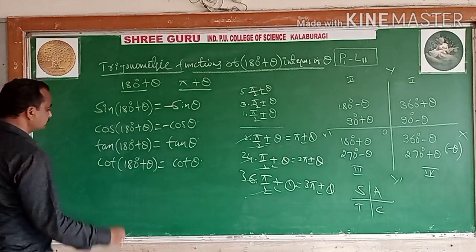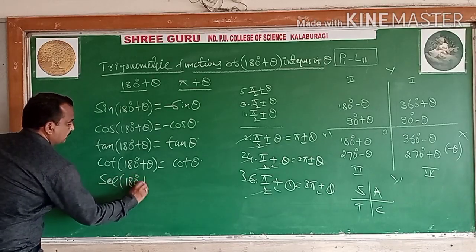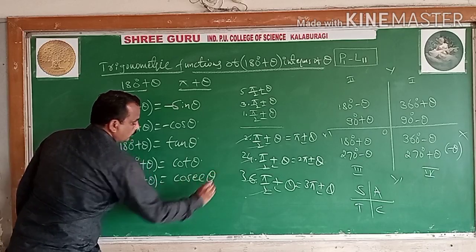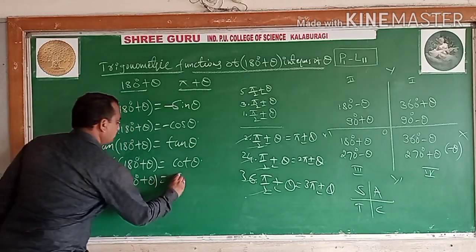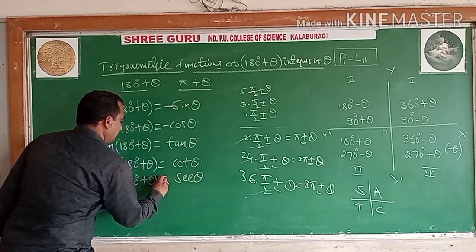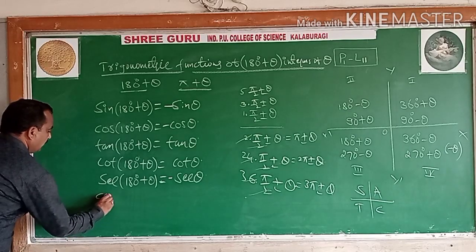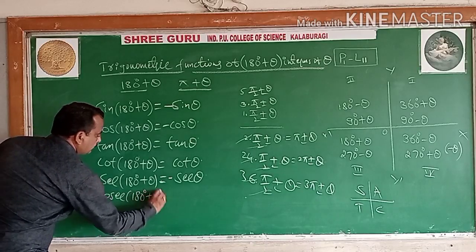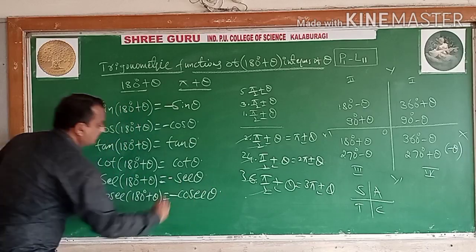Sec 180 plus theta, no change, sec theta only, it is negative. Tan and cot are positive, remaining all are negative. Cosec 180 plus theta, no change, cosecant theta only, and this is also negative.